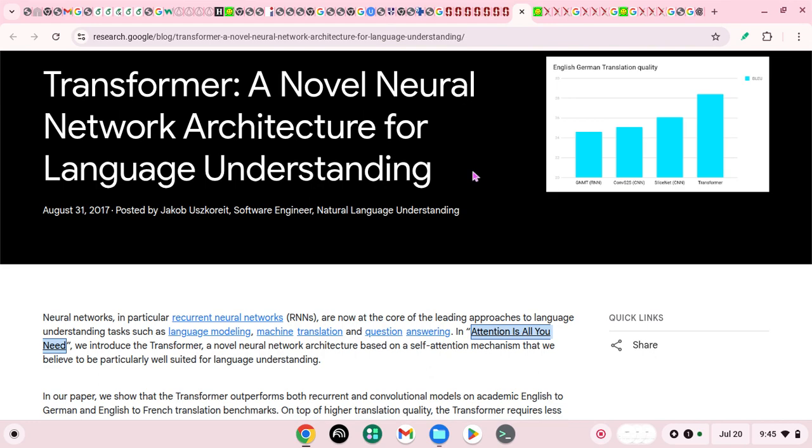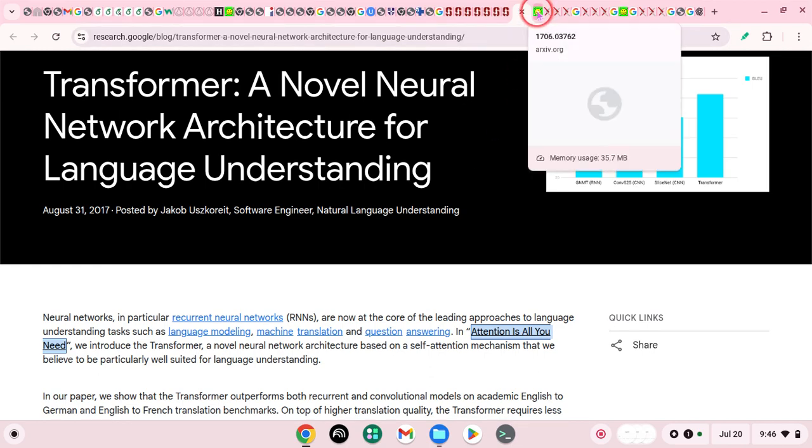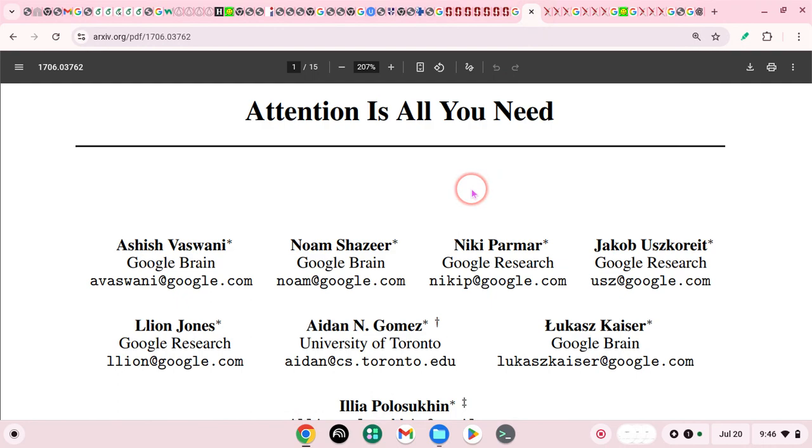And they say that this transformer architecture, based on the self-attention mechanism, is believed to be particularly well suited for language understanding. So this is the paper which introduced transformer neural network architectures, which was utilized for ChatGPT.